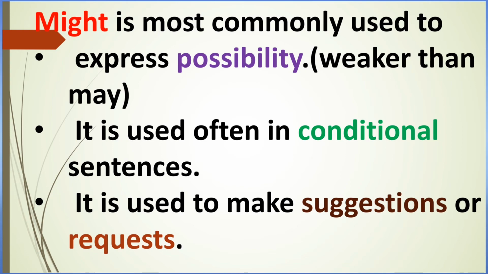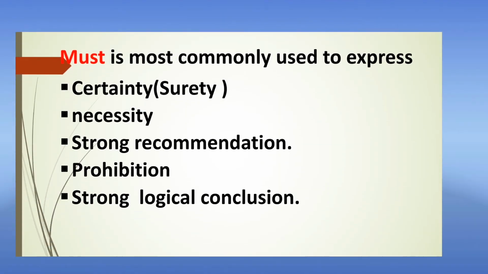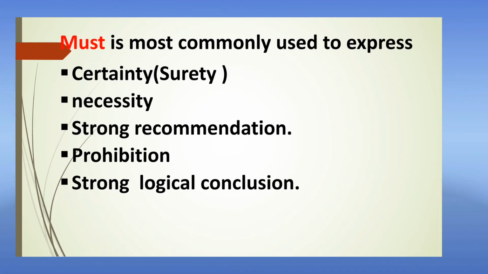So now let's move to the fifth modal, which is must. Look at the functions of the modal must. Must is most commonly used to express certainty, as I told you already, something which is sure, 100% certainty. The next one is necessity, and a strong recommendation.